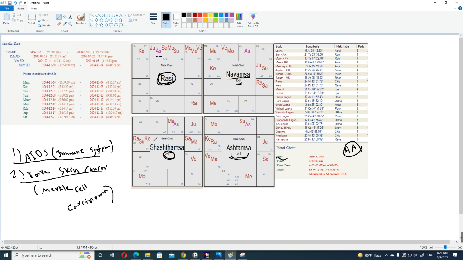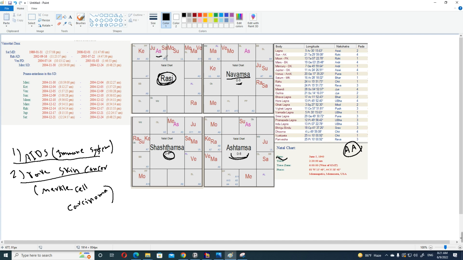Okay, in these charts, in Rashi and other divisional charts, you can see something that is written AS. It is the ascendant. Sometimes they write it rising, sometimes you see it written lag or lagna, that equals the ascendant. This is the first house of the chart. You start from the ascendant.